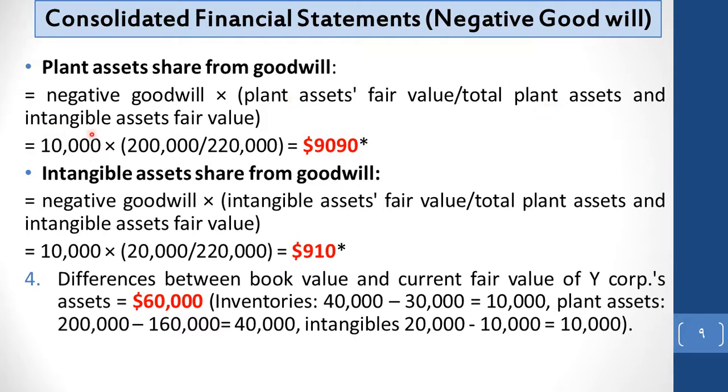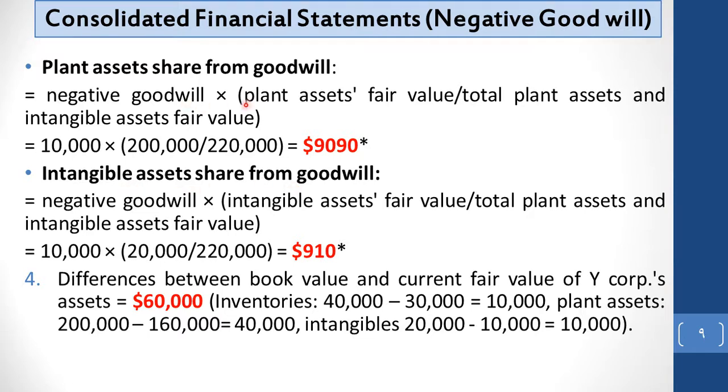This will be equal to 10,000 multiplied by 200, which is the plant assets fair value, divided by 220,000, which is the total of plant assets and intangible assets fair value. The result will be equal to $9,090.